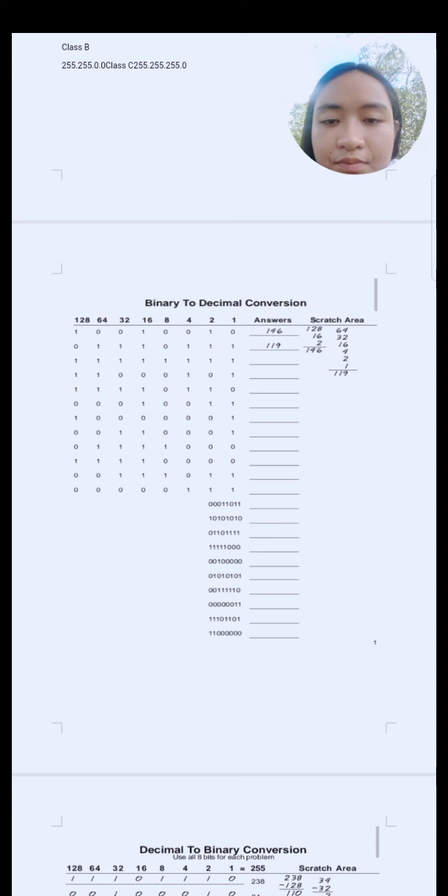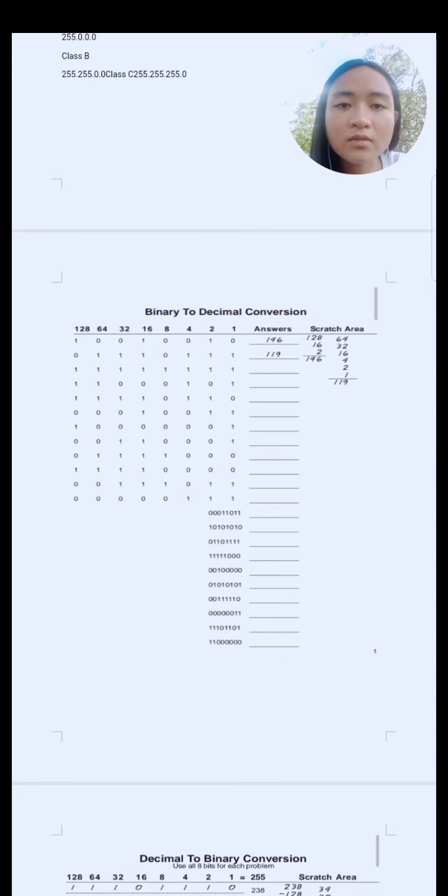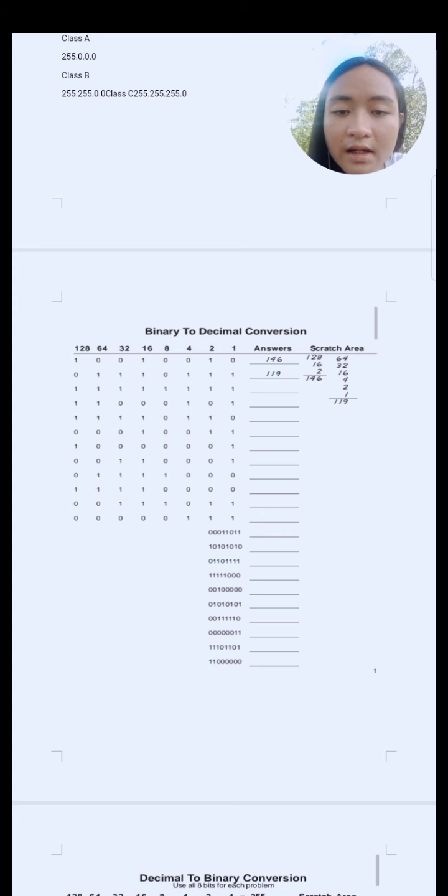So to get 146, we just need to add the 128 plus 16 plus 2. So the result is 146.